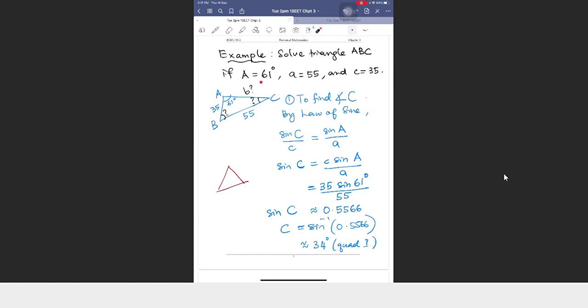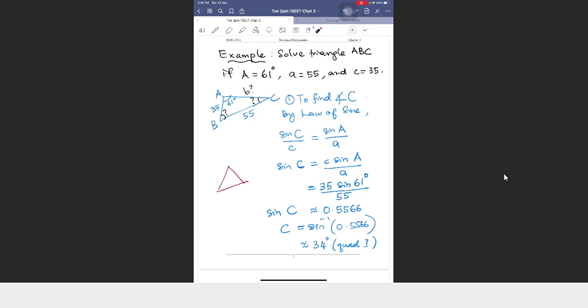You are given one angle and two sides. So we said that you first have to find one of the missing angles. Which angle to find first? Usually from the question, when you draw your diagram, you will notice that one piece of information you have is the given angle with its opposite side, which is unknown. You are given another side, and the opposite is the missing angle.